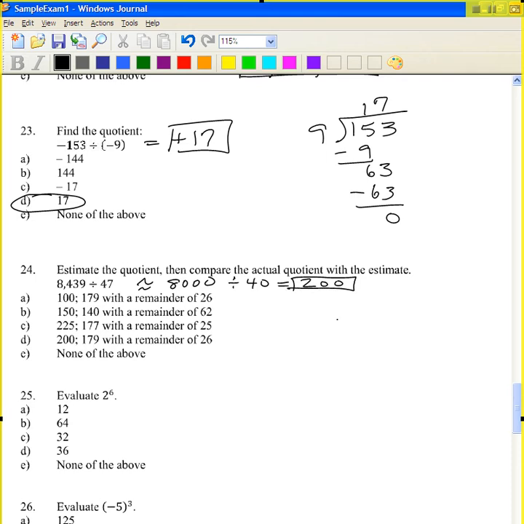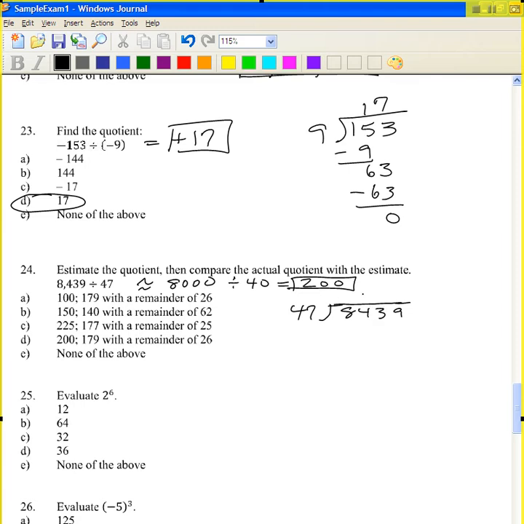Let me actually divide this. And so 8439 divided by 47. Let's see, 8 is smaller than 47. 84 is greater than 47.